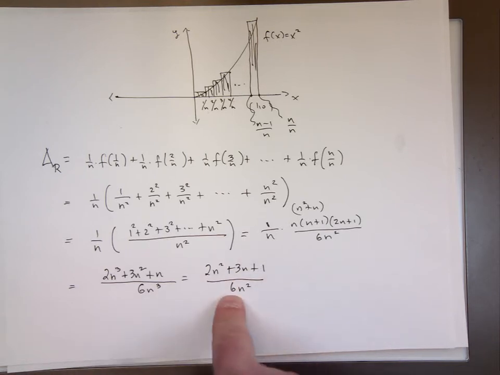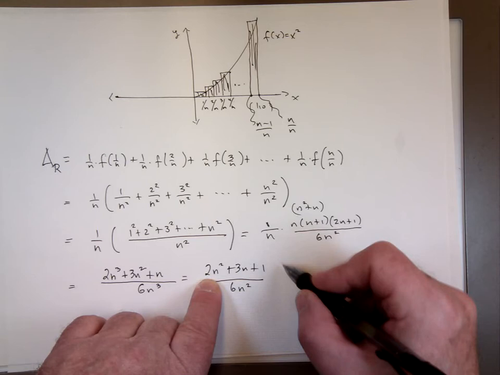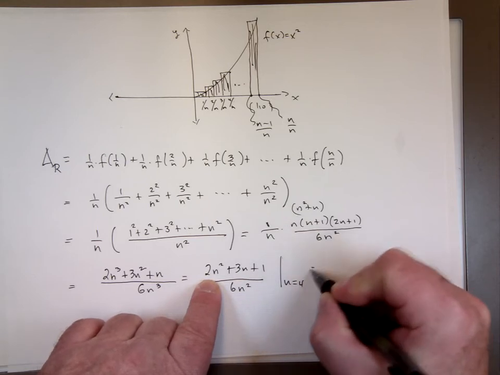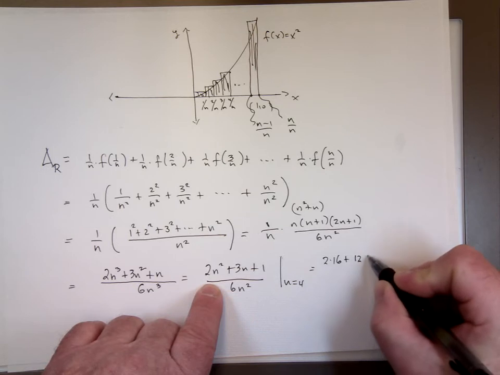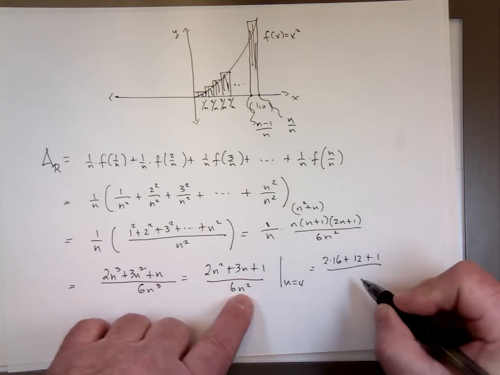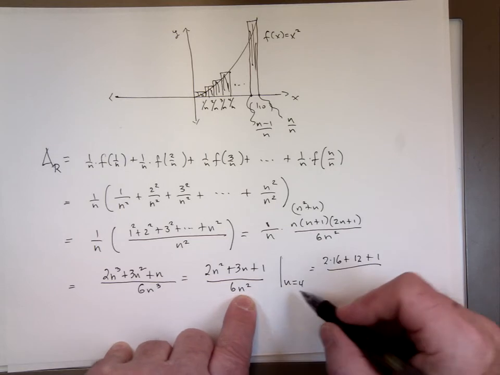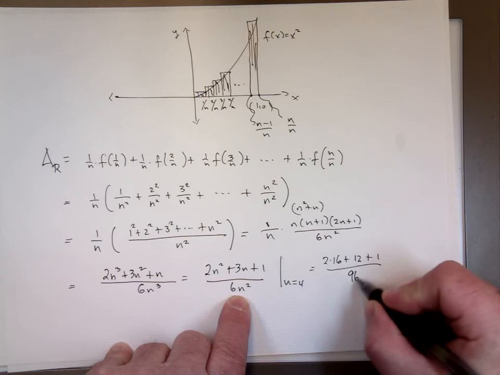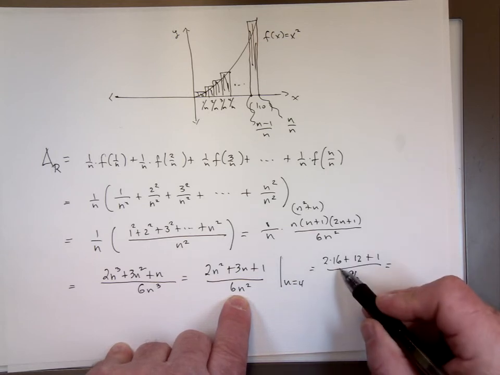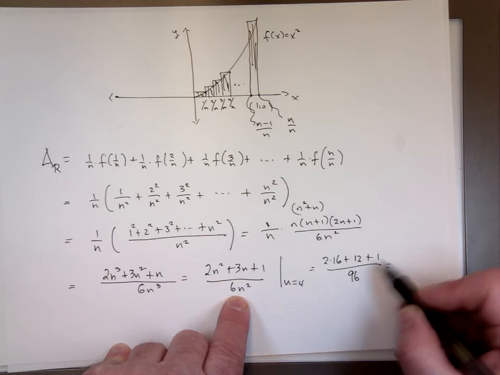Just to verify this, if you let n equal 4, you get 2 times 16 plus 12 plus 1 over 4 squared. Boy, this better come out. If this doesn't come out, oh man, we're going to be here for weeks. All right. 4 squared, 16, 96. That's 32. 44, 45 over 96.